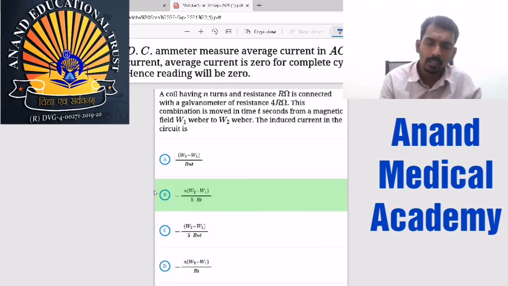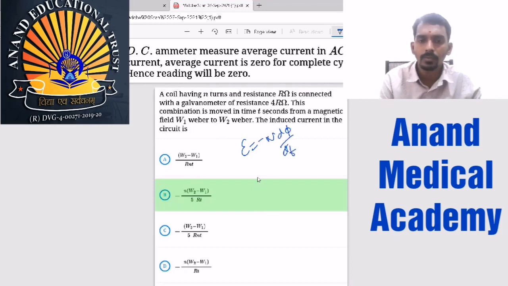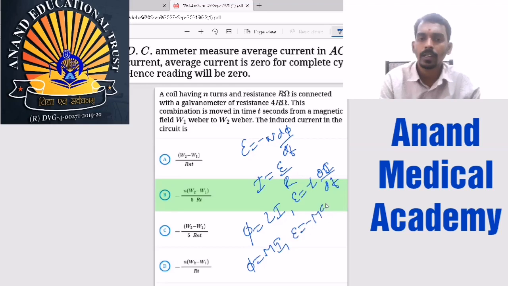If it is based on induced EMF, then minus n dΦ by dt. If it is based on induced current, epsilon by R. If it is based on self inductance, Φ equal to Li, so epsilon equal to minus L di by dt. And if it is based on mutual inductance, then EMF is minus M di by dt.